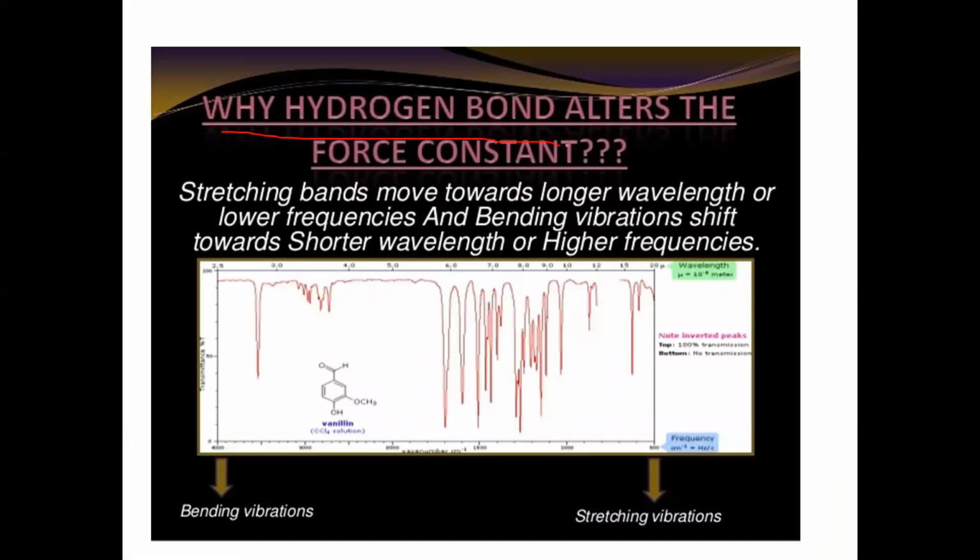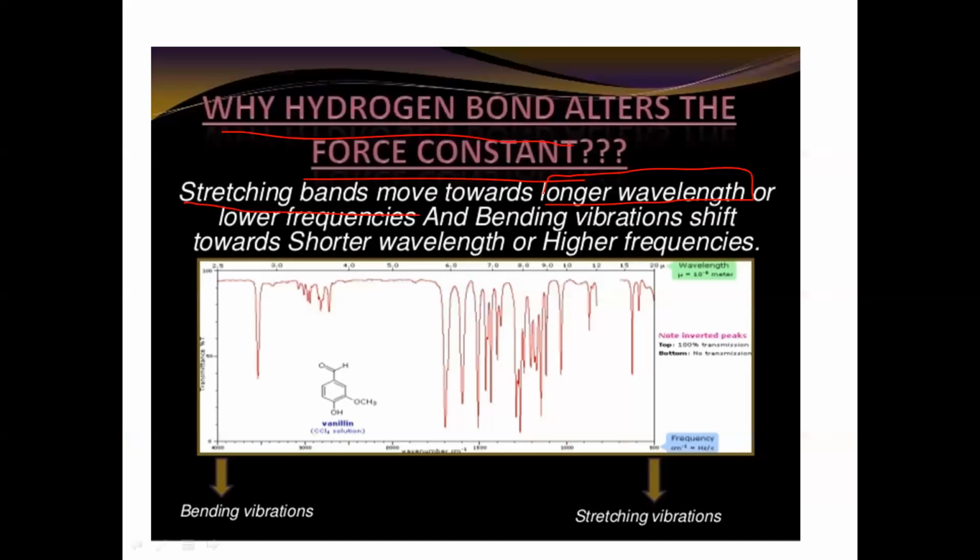Okay, so the factors: why does hydrogen bonding alter the force constant? What is the reason behind that? The stretching band moves towards a longer wavelength, meaning lower frequency. And the bending vibration shifts towards a shorter wavelength, meaning higher frequency.